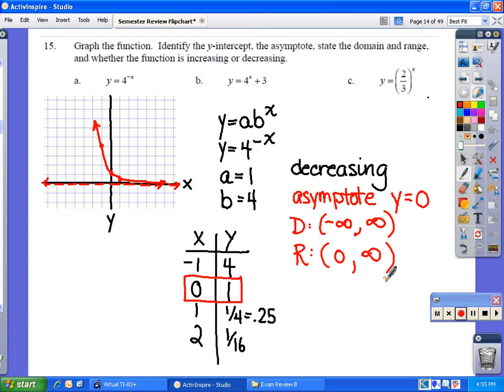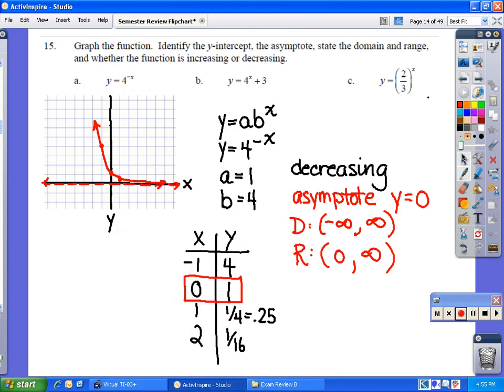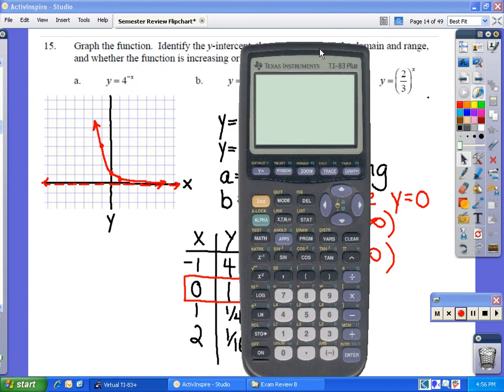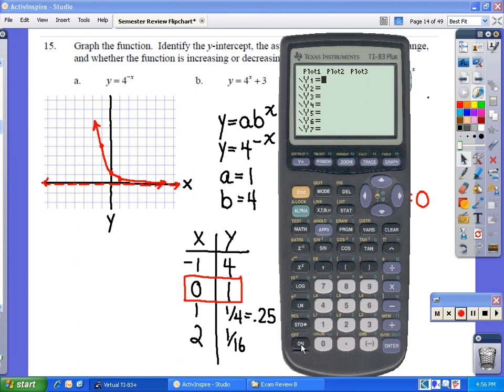Let's now take a look at using the calculator to do the same thing that we just did here by hand. All we need to do is turn on the calculator, and in y equals we'll put in 4 and then raise that to the -x and graph.